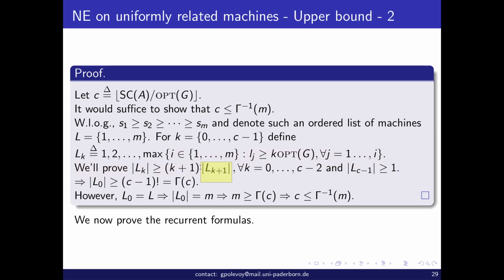Of course, as I said, Lk is non-increasing with k, so Lk plus 1 is generally smaller than Lk. You can say that the size of Lk is at least k plus 1. That's something immediate from the definition. But here we say something stronger: the size of Lk is at least k plus 1 times the number of machines in Lk plus 1.